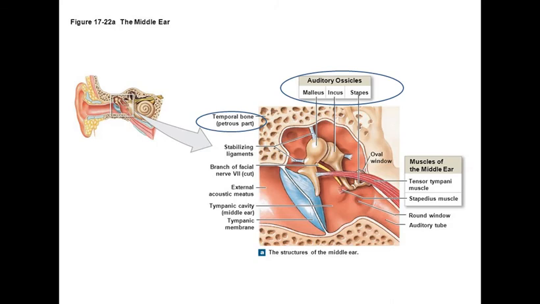Here we can see the portion of the middle ear, the tympanic membrane, and we have three ossicles: malleus, incus, stapes. These are the auditory ossicles, right? And which part is this? The petrous part of the temporal bone. From here onward, the inner ear will start.